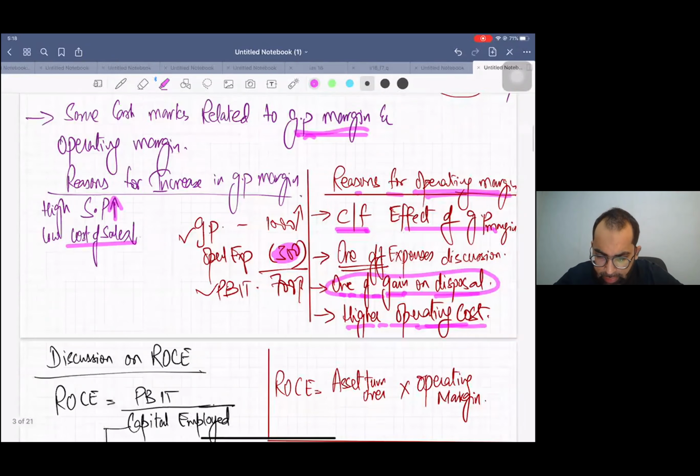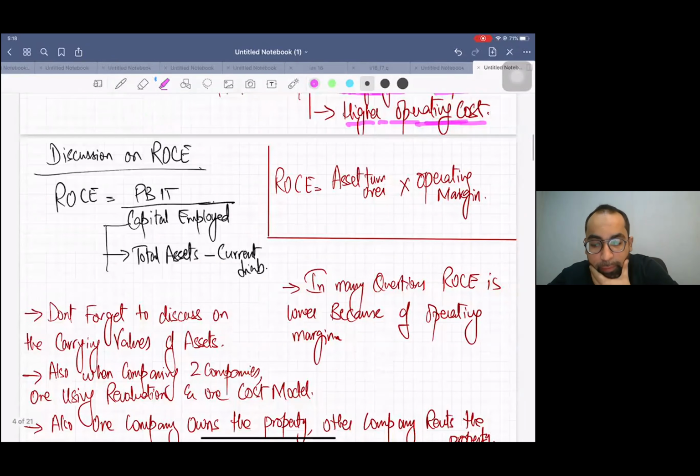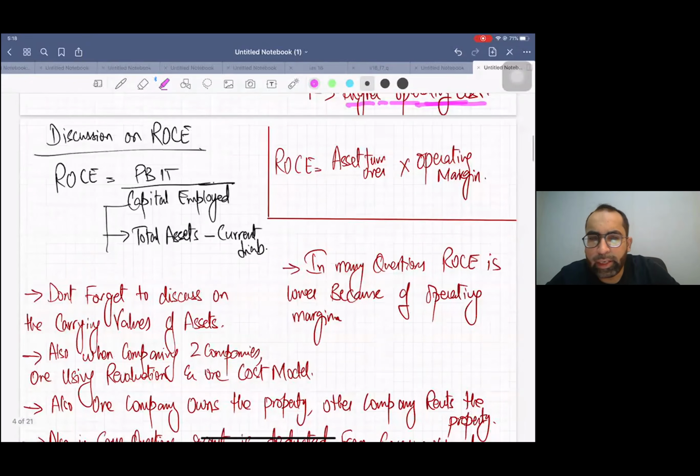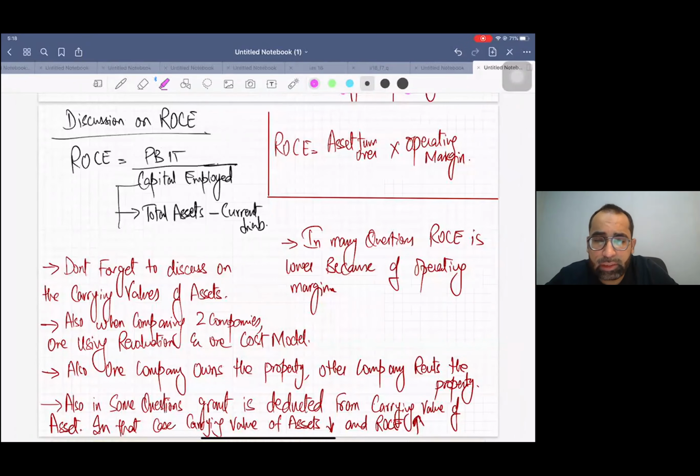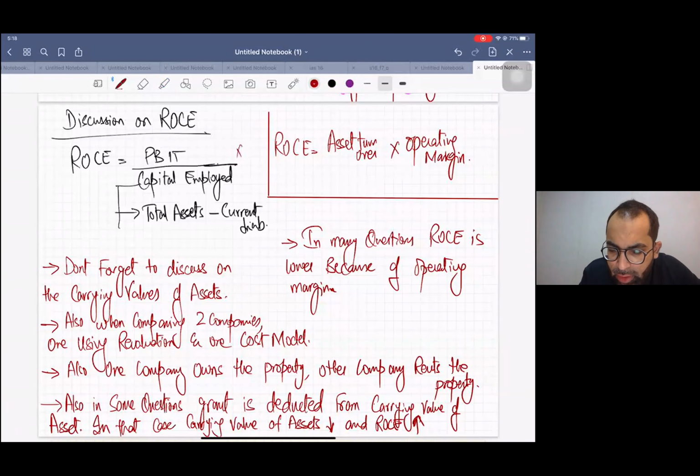Now, something related to return on capital employed, a very famous ratio. And I have seen some questions with almost 60-70% discussion on this. ROCE, or Rocky. Okay, now what's the formula of Rocky? The formula is PBIT divided by capital employed times 100.